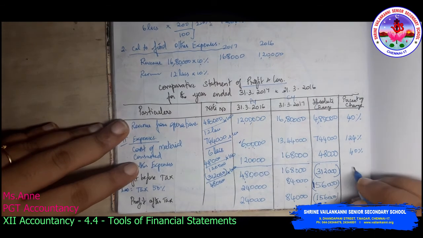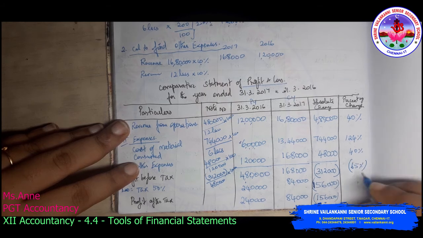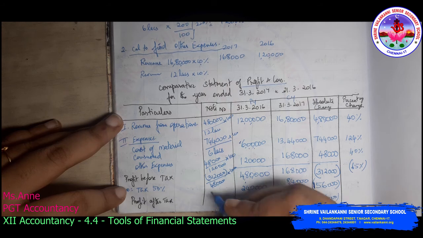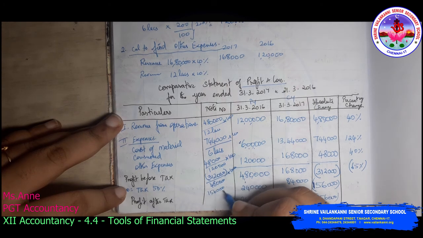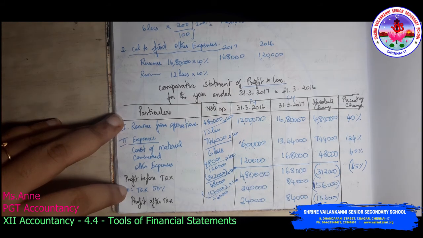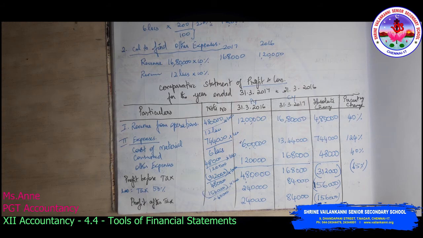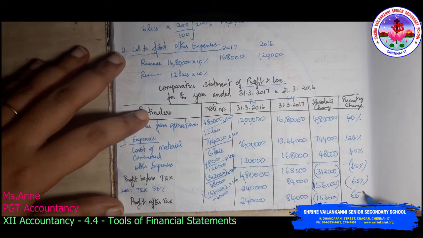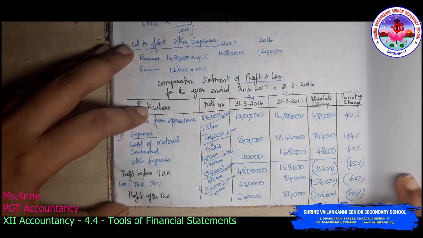So that's going to give me 65%, which is a negative change. Then 1,56,000 divided by 2,40,000 into 100. So 1,56,000 divided by 2,40,000 into 100, that is also 65%. And the same figures down, so I am taking this as also 65%.